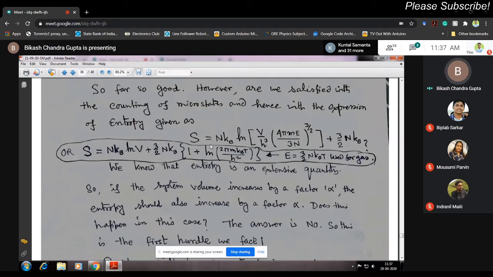So this is my entropy expression so far. And if you express it in terms of kBT, I mean the relation between temperature and energy, then you just substitute and get this relation.